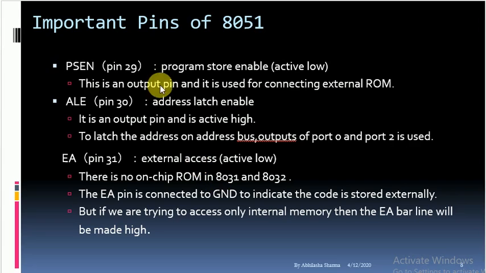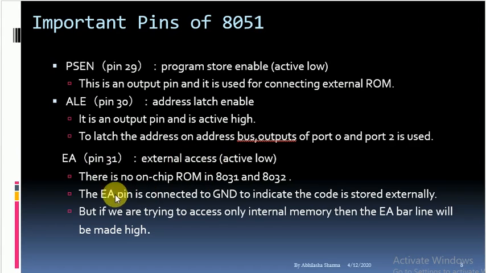Of course it is also used for extending the ROM, but mainly in the case of the 8031 and 8032, where the on-chip ROM is not available. We want to connect the external ROM with the help of this pin. That's what is called external access.